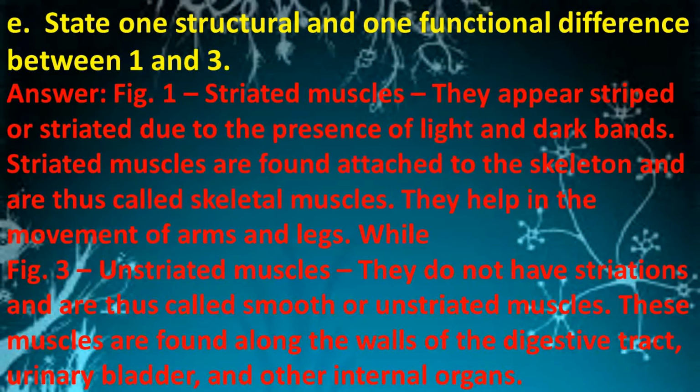They help in the movement of arms and legs, while figure 3, unstriated muscles, do not have striations and are thus called smooth or unstriated muscles. These muscles are found along the walls of the digestive tract, urinary bladder, and other internal organs. Next question.